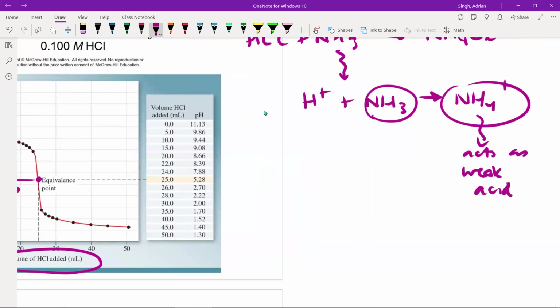NH4 plus in H2O will donate an H plus to the water to produce H3O plus, the hydronium ion. We also get the NH3. That's why the pH at the equivalence point is going to be less than 7.